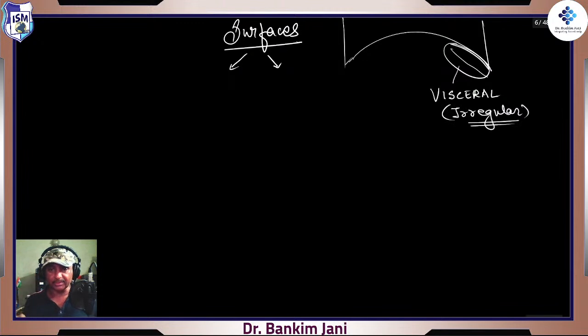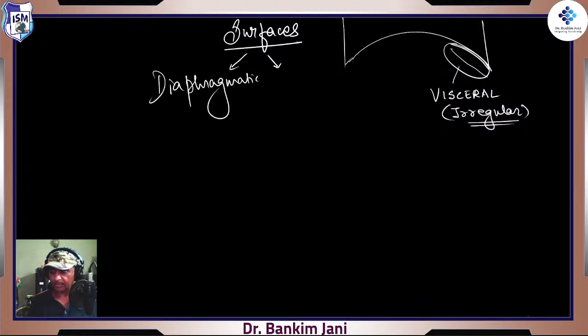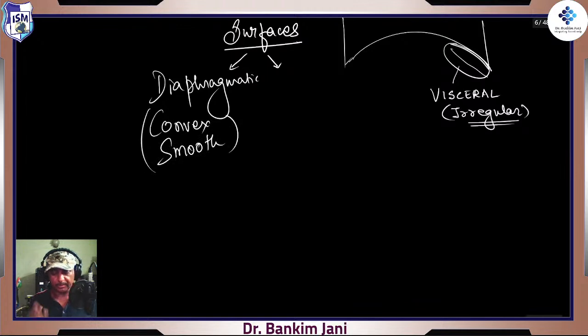Today's session is about being completely clear how exactly spleen is arranged with respect to other organs, because it comprises a good number of structures, right? One is the diaphragmatic, and this is completely uncomplicated. It is convex, smooth. But the second portion is the visceral, and this visceral is irregular.